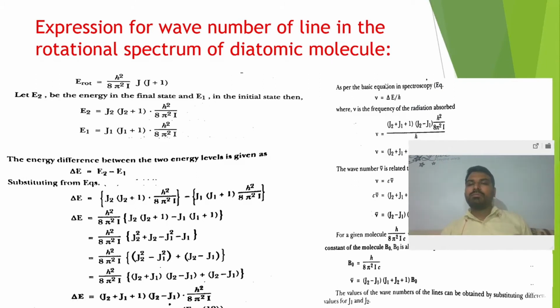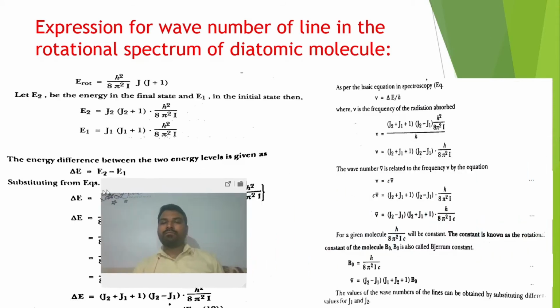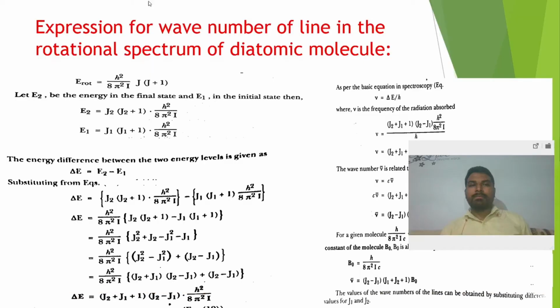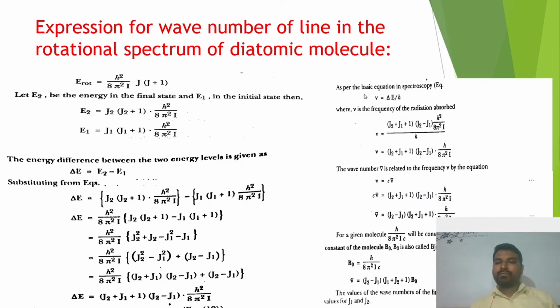Now, as per the basic equation in spectroscopy, nu is equal to delta E upon h, where nu is the frequency of the radiation absorbed, that is nu is equal to j2 plus j1 plus 1, j2 minus j1, h upon 8 pi square I. We divide by h, so this h and this h will get cancelled.